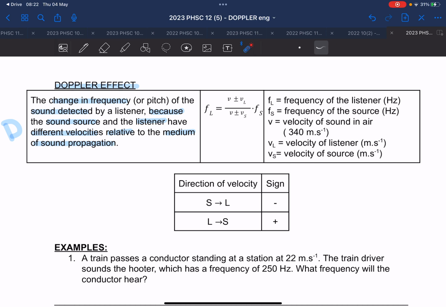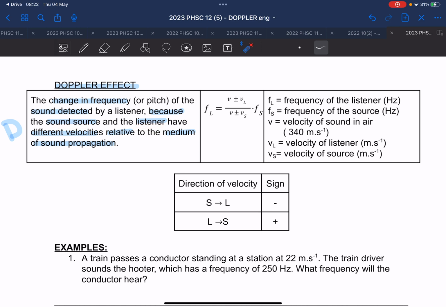Okay, so I'm going to explain this, and then I'm going to explain the formula that goes with it. The change in frequency is, you hear pew, pew, pew. So what change do you observe? Why do you observe a change? Because either the sound source or the listener moves.